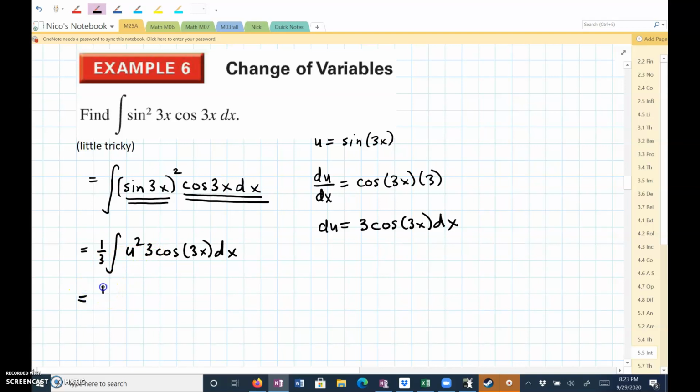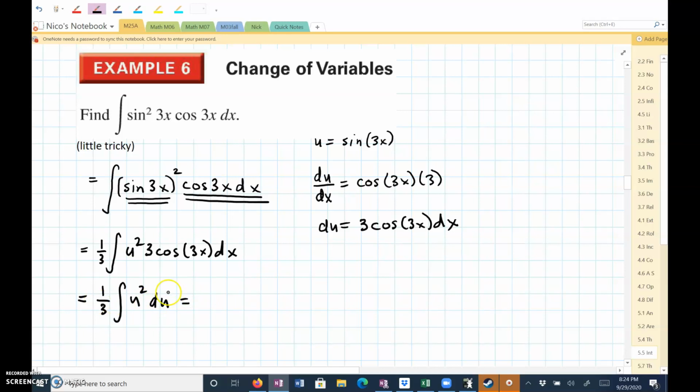So then I got 1/3 the integral of u squared times 3 cosine 3x dx, that's equal to du.